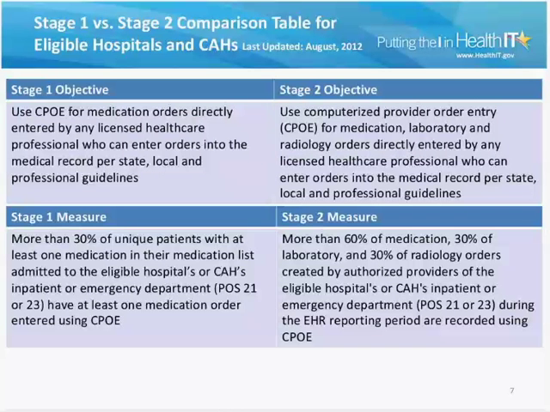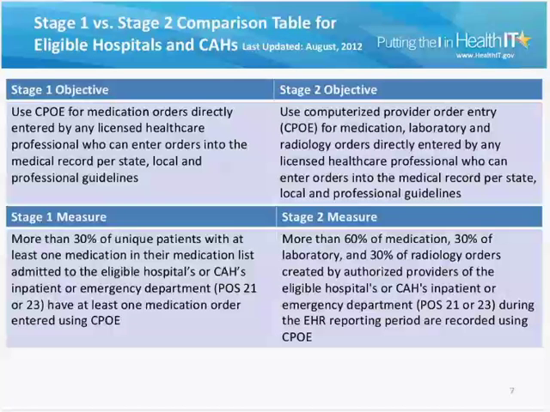As far as the Stage 1 and Stage 2 comparison for eligible hospitals and critical access hospitals, the Stage 1 objective is to use CPOE for medication orders that are directly entered by these licensed professionals into the electronic medical record, and the measure is for more than 30% of unique patients with at least one medication in their medication list for those eligible hospitals and critical access, inpatient and emergency room departments.